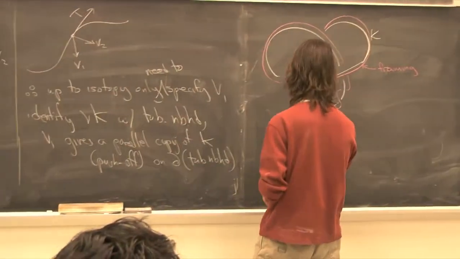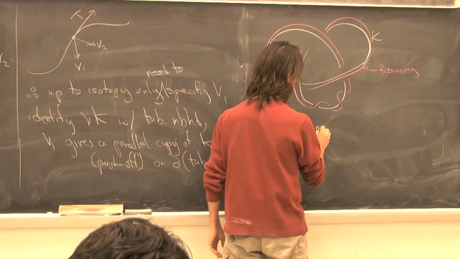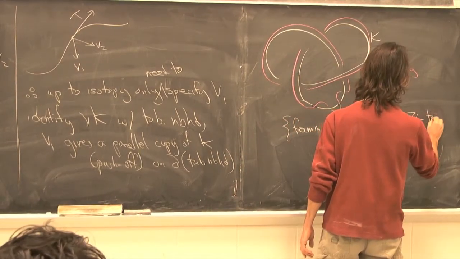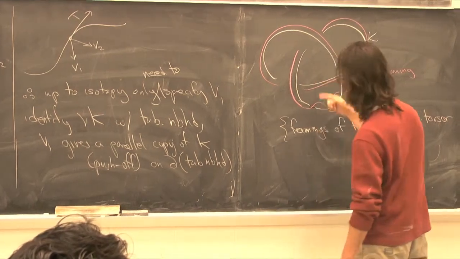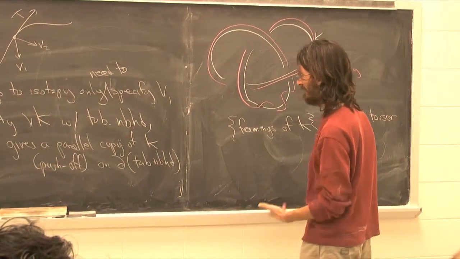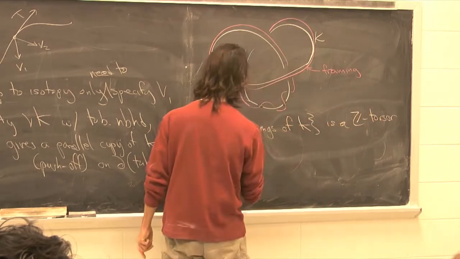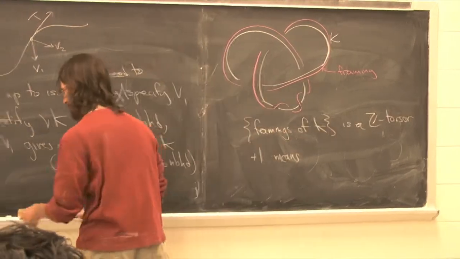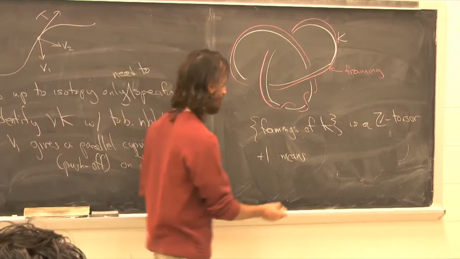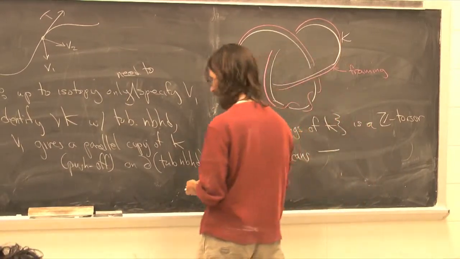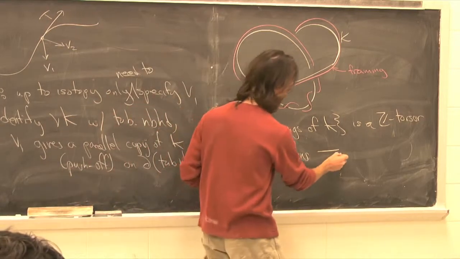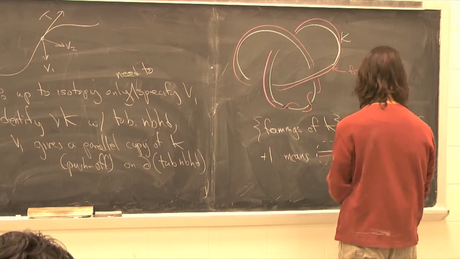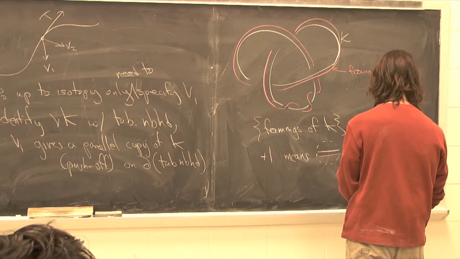So what we say is that the set of framings of K is a Z-torsor, or an affine space for Z, which means Z acts on it. And so we have to tell you what adding 1 is. So plus 1 means you replace, if I have a framed knot and I'm going to change it to a new framing of the same knot, then if in some ball I see this, I replace that with a right-handed twist.